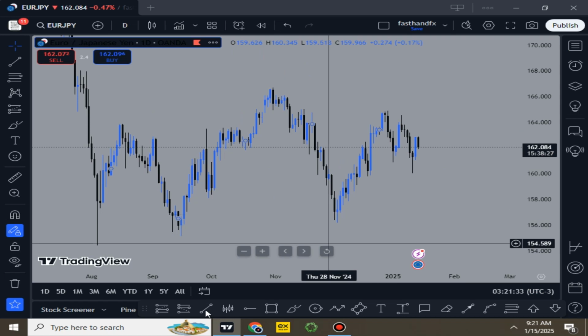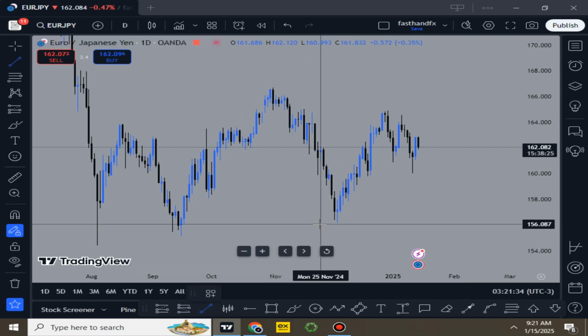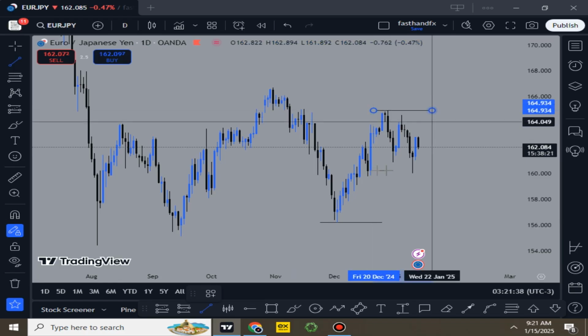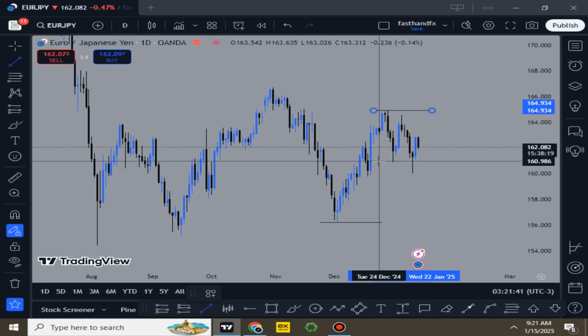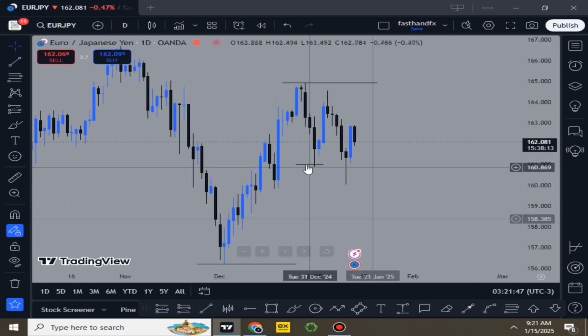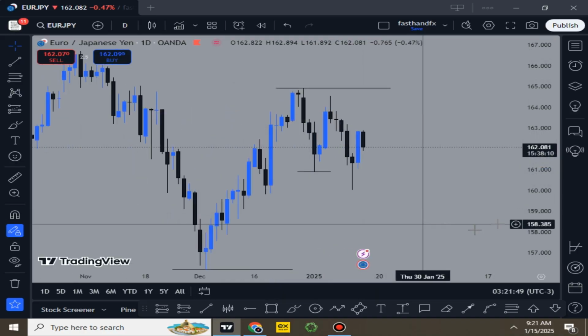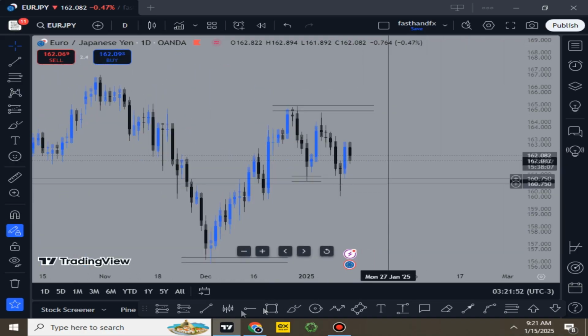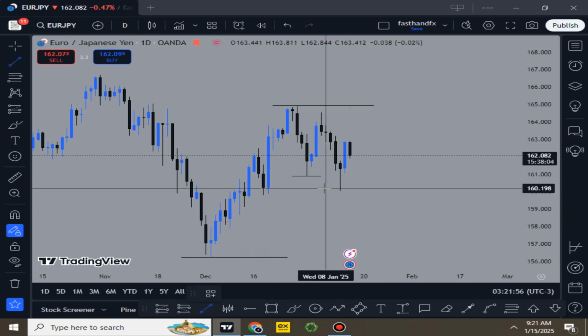On the daily time frame, yes, we've seen we had this as a low, we had a high right here, we had this as a low right here, or just that right there. And of course we had these two right there.